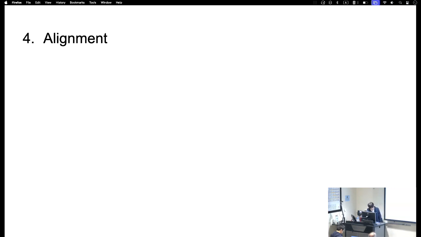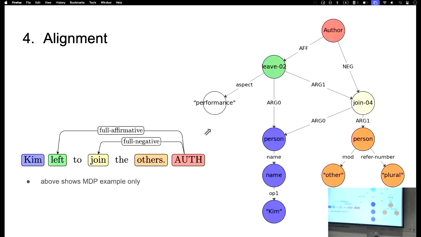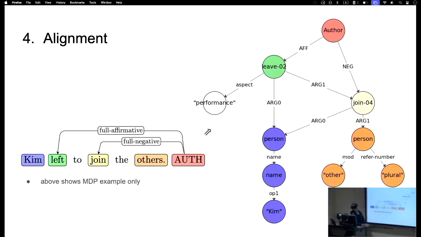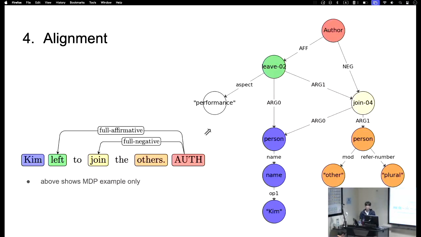Now, alignment. There's not much for me to say about alignment. It's just that we need to have a good alignment for this entire thing to work. Compared to AMR parsing or modal parsing, it's an even smaller topic.